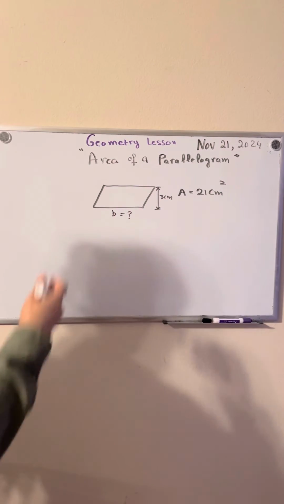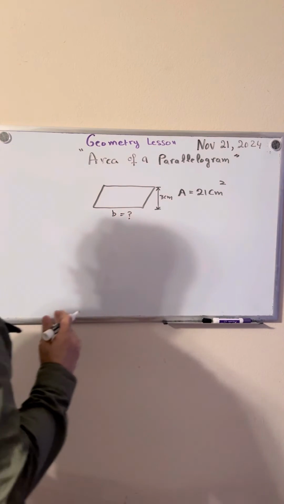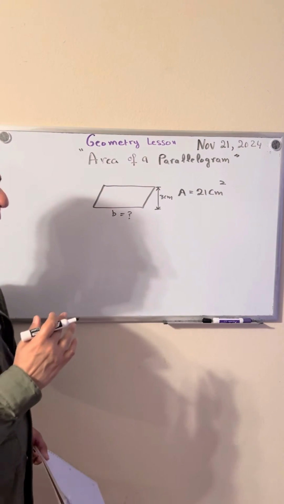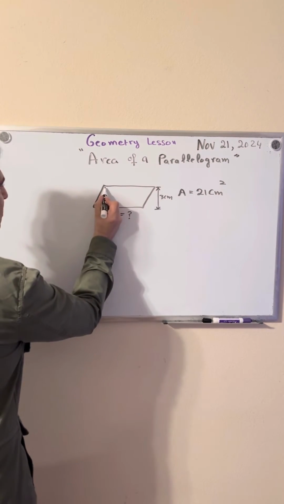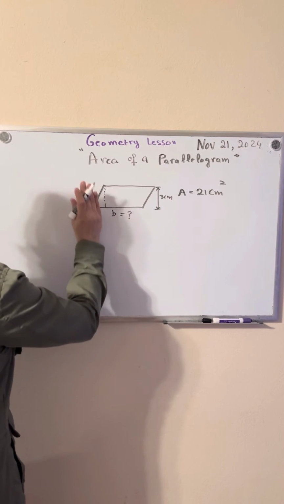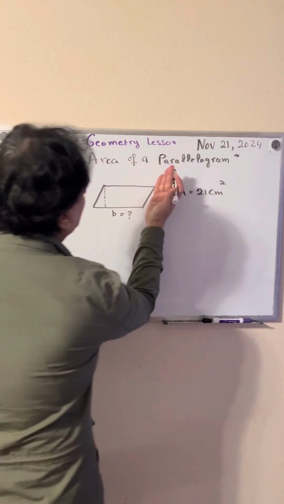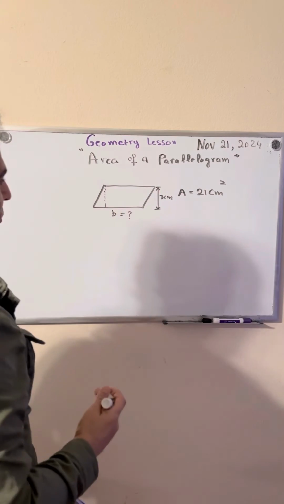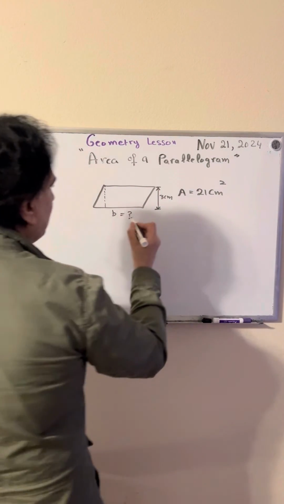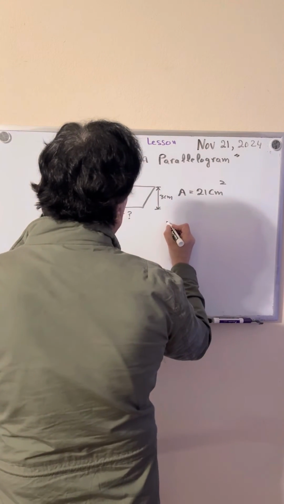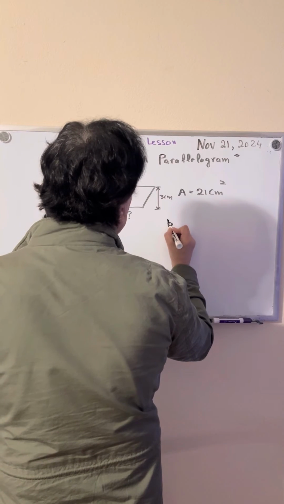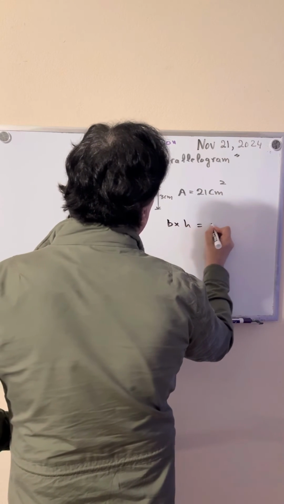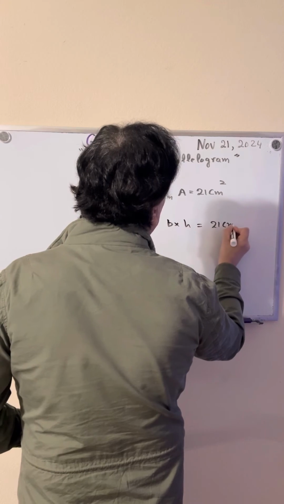Well, I just explained that when you're finding the area of a parallelogram, you're basically cutting this piece right here and imagining it in your head and bringing it right over here. So I know the area of a parallelogram, base times height, is equal to 21 centimeter square.